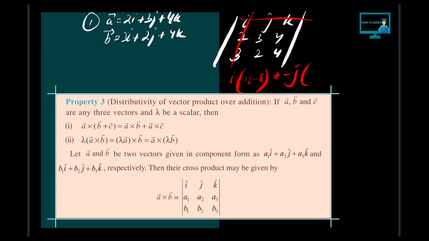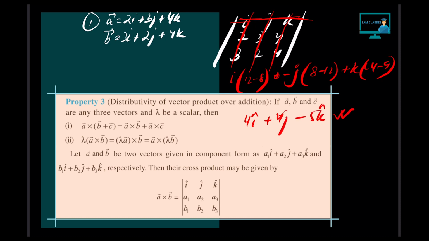Because in determinants we learned the second one has a negative sign. Leave that row, leave that column: 8 minus 12. Plus for k, again leave that row, leave that column: 4 minus 9. So what have we got? 4 i cap plus 4 j cap and then minus 5 k cap. That's it. Clear? Everybody got how to do the cross product.